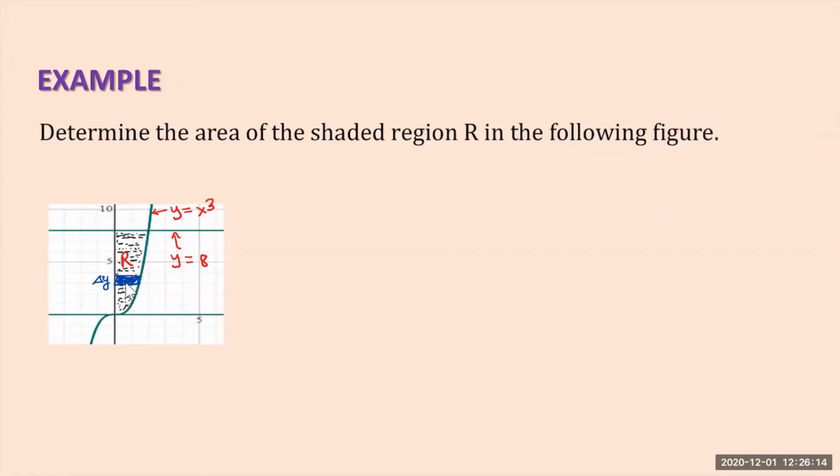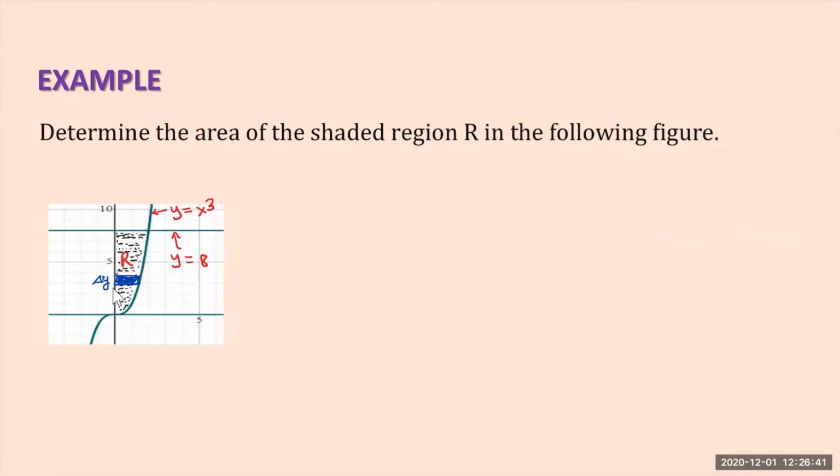And if I try to move this rectangle up and down like this, because it has a base on the y-axis, I'm going to slide along the y-axis. If I slide along the y-axis, then what I can see is this rectangle is always between this function and the y-axis.